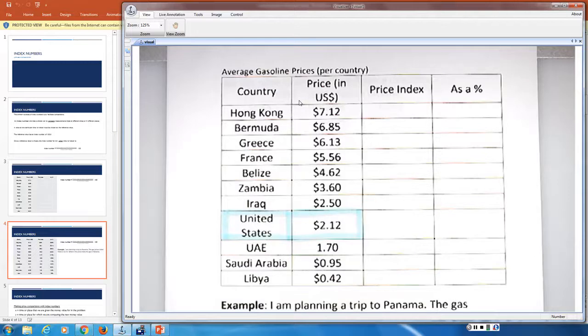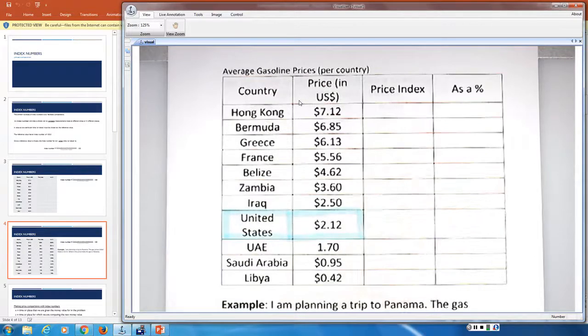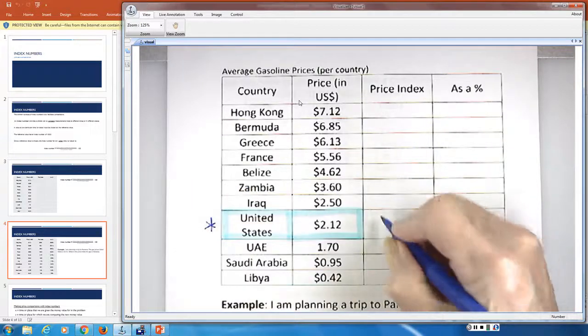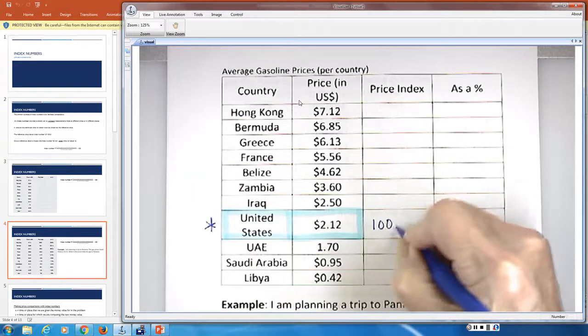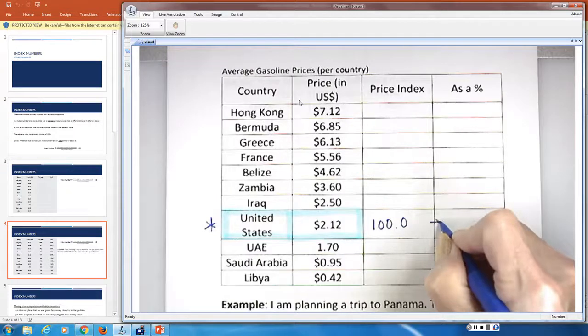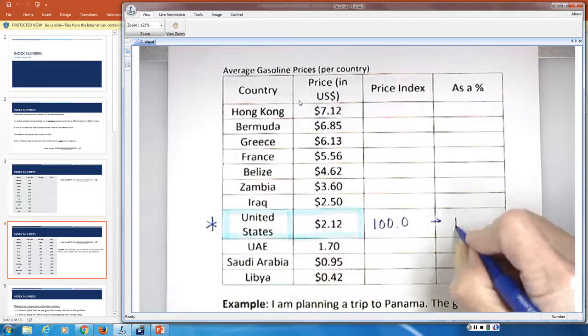So what does that mean? By definition, because we're comparing everybody else to us, our price index is 100.0. Even though you normally don't see it, that just means we're the 100% mark.